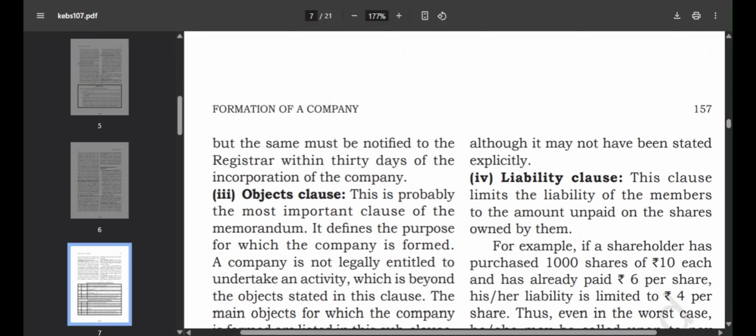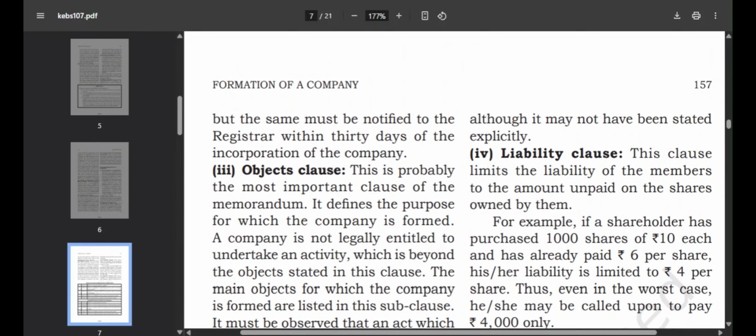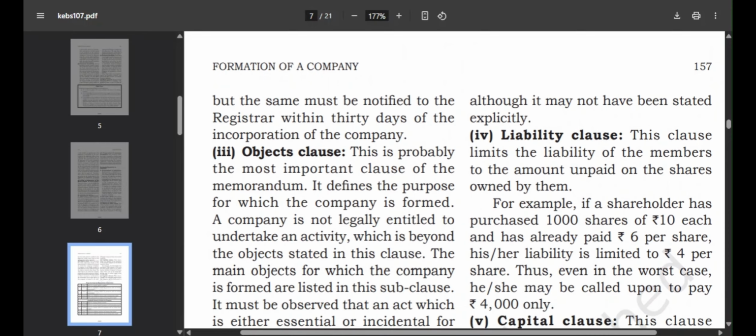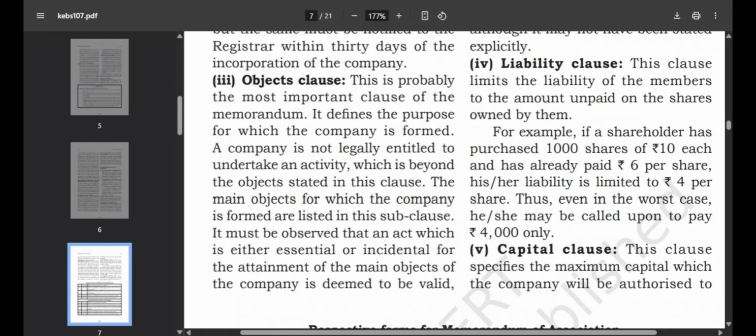So the objects clause is very important. You get to know the purpose for which the company is formed. A company is not legally entitled to undertake an activity which is beyond the objects stated in this clause. So this is your objects clause.